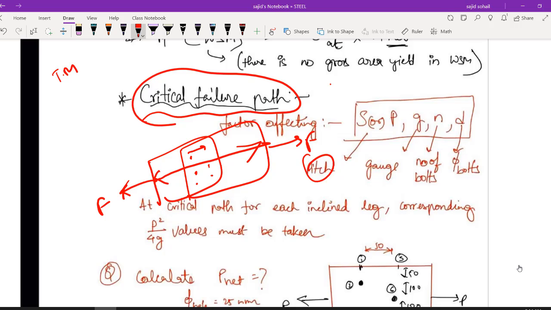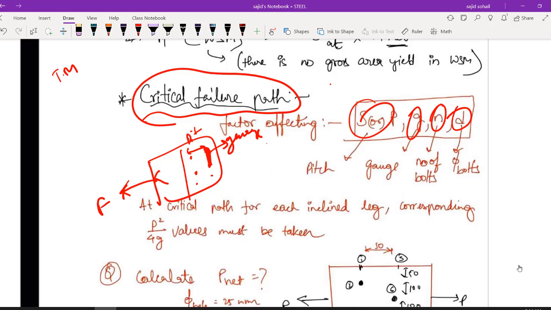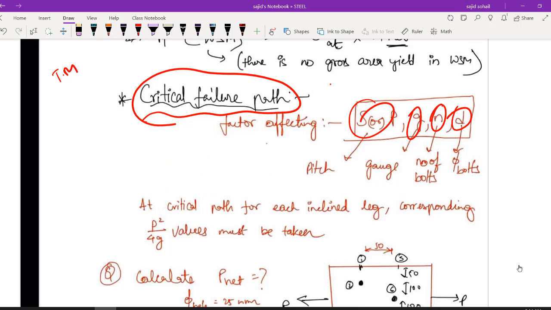The distance between two bolts in the direction of force, we call pitch, and the distance of the bolts perpendicular to the direction of force, we call gauge. That's all there is to it. So there are four important things which decide your critical failure path: pitch, gauge, number of bolts, and diameter of bolts.